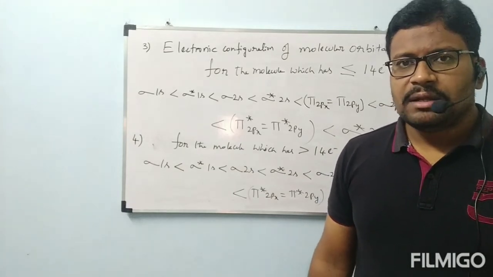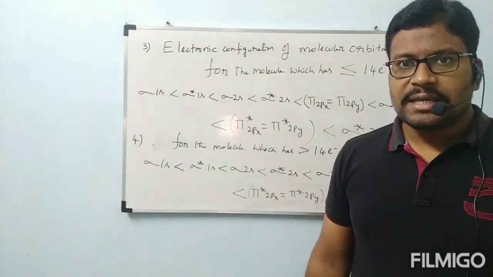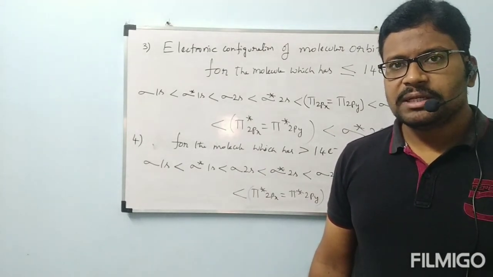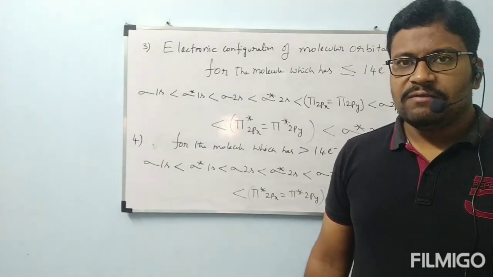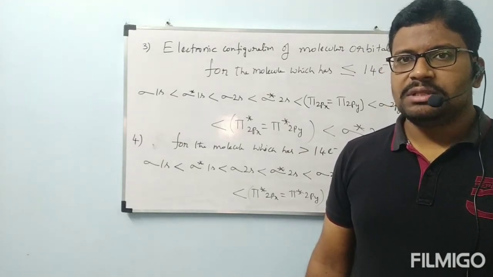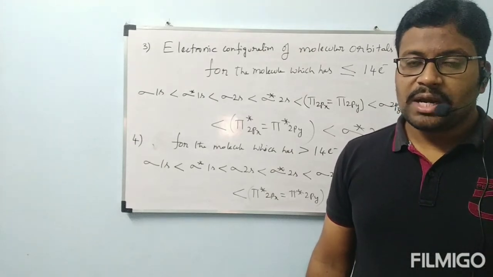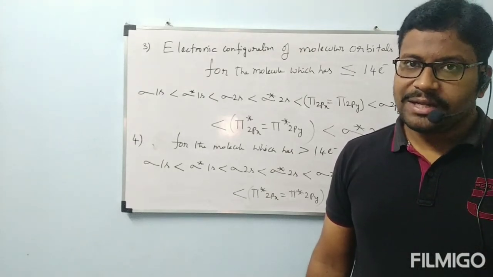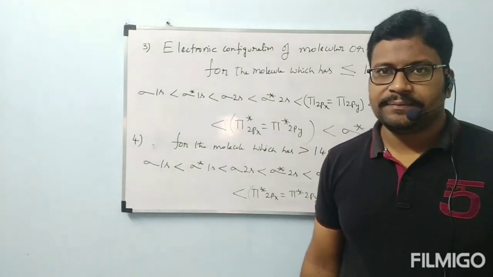Nb is the total number of electrons present in bonding molecular orbitals, and Na is the total number of electrons present in anti-bonding molecular orbitals. If bond order is greater than 0, then only the molecule will be stable or exist. If bond order is less than or equal to 0, the molecule will not be stable; it doesn't exist.